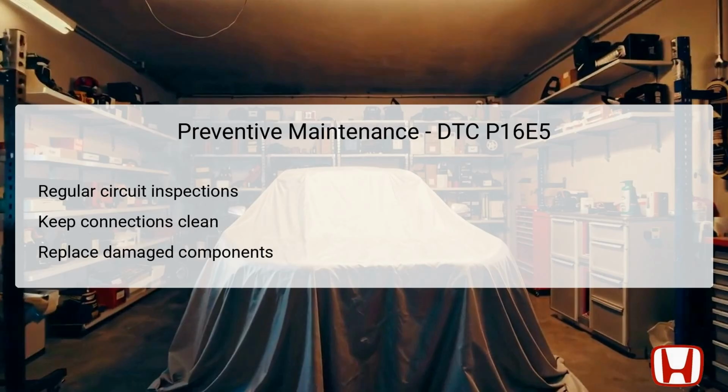Make sure to maintain clean and tight connections throughout the drive system, as dust, debris, and corrosion can directly impair communication over the LIN. It's advisable to replace any damaged wires or components to ensure they do not lead to disruptions in signal transfer. By following these maintenance tips, you will enhance the reliability and longevity of your Honda Civic's electrical system, minimizing the chances of DTCs related to communication errors.